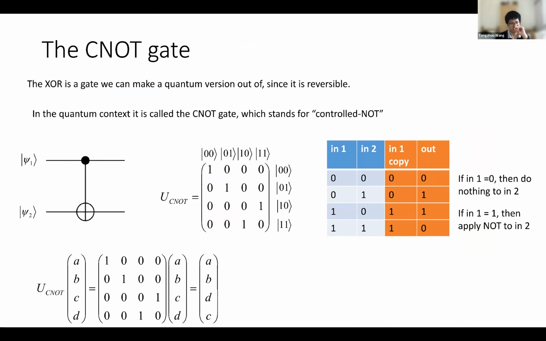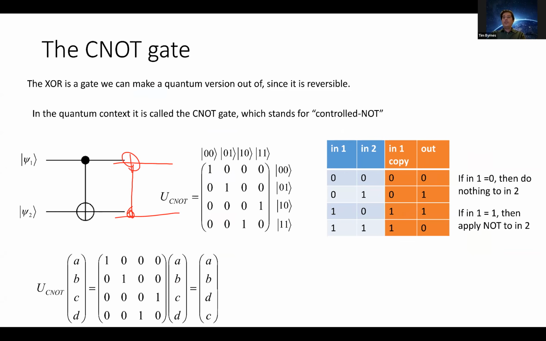Yeah, so that's actually a different gate. If you swap the bottom and the top ones, then it does a different thing. So this is different to this one, and in terms of the matrix, yes, it would just be the blocks in different positions.